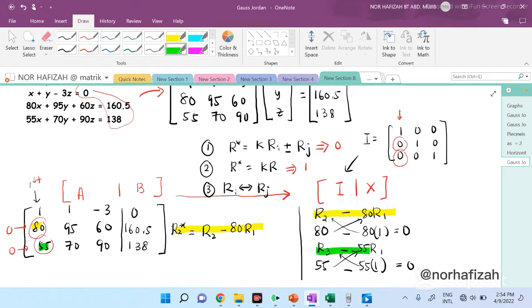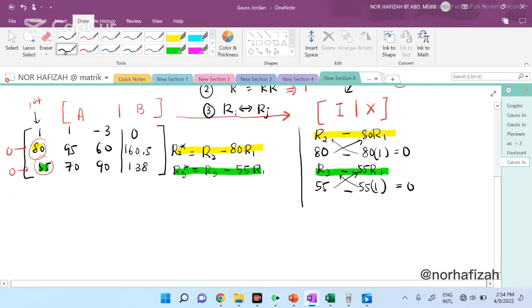Here, the green one, you write at the third row with a star. Star means we are going to change that row, so in order to make the examiner understand, you write a star on the row we are going to change.